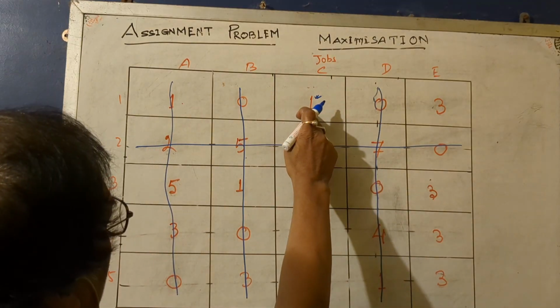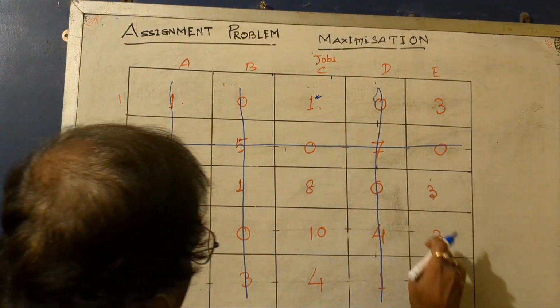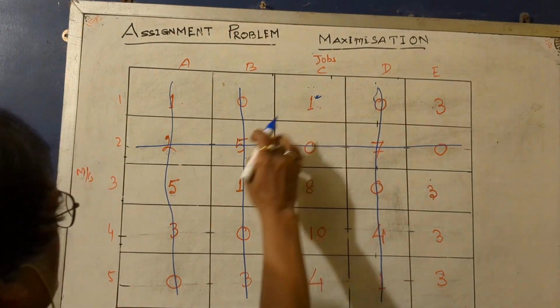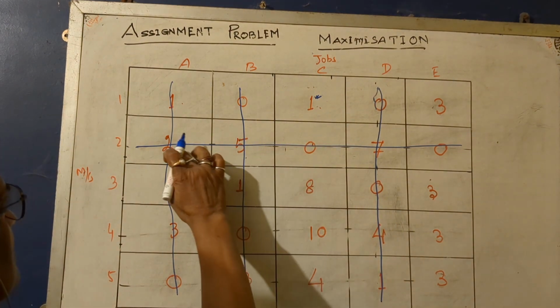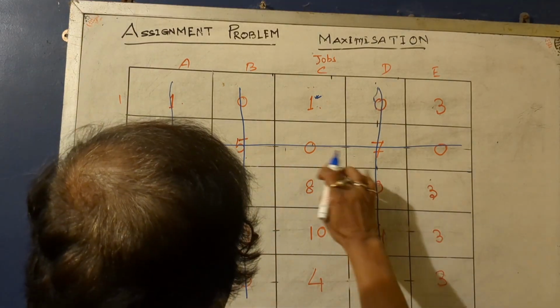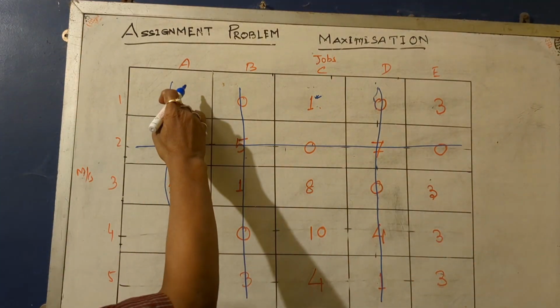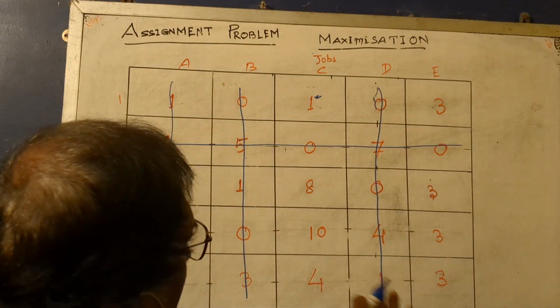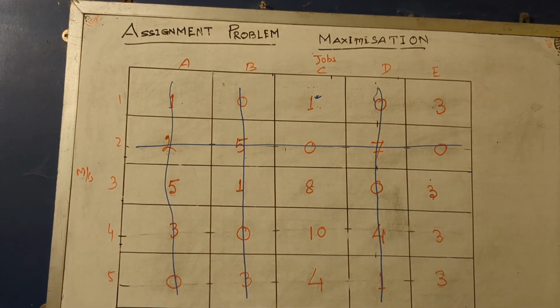Subtract this lowest element from all the remaining elements and add this lowest element to the junction point. All the other elements which are touched or covered will remain the same. The same process we have done in the previous step, you have to follow it.